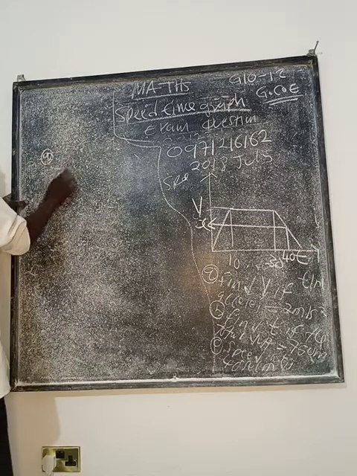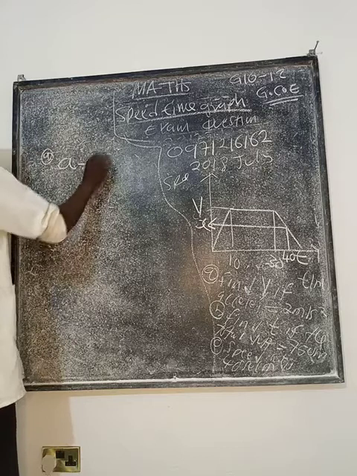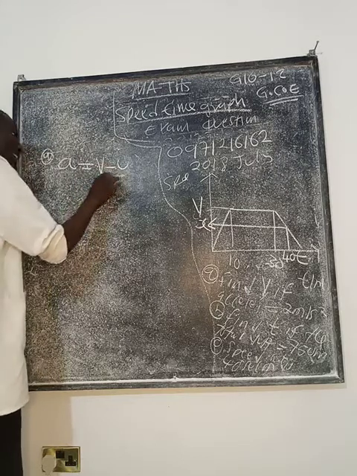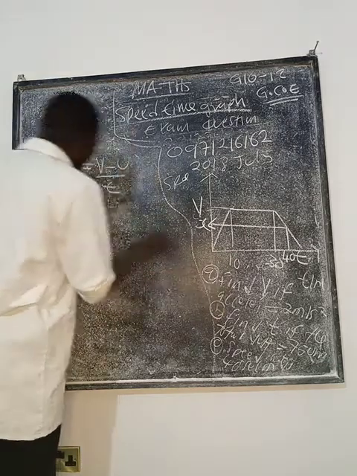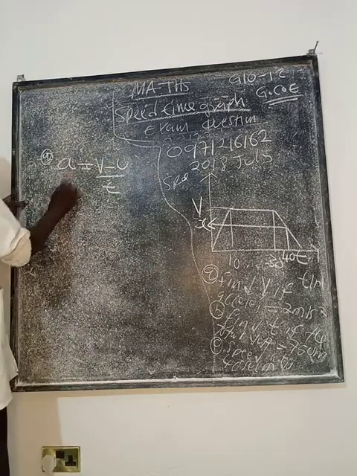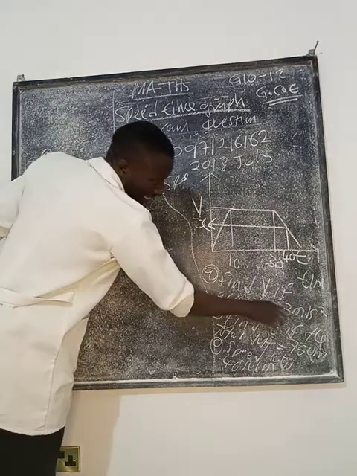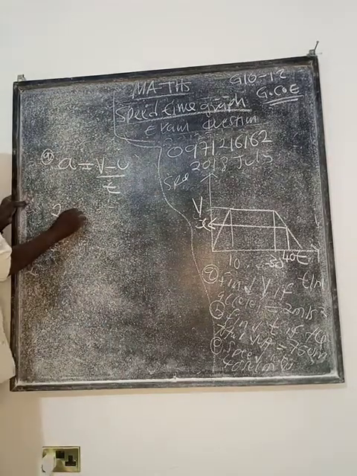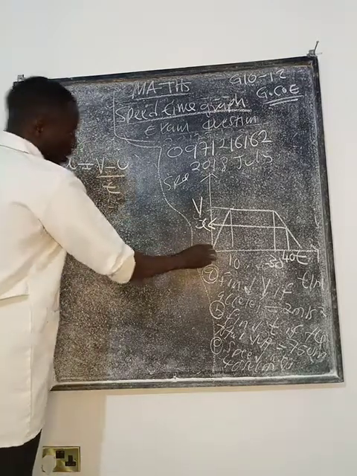Therefore, I will apply acceleration, V minus u over t. Check. Acceleration means A here. They've given us 2. Where is 2 coming from? From the question here. Is equal to, begin now replacing the values. This is 0.